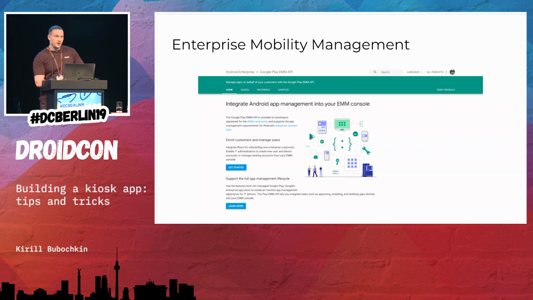Either we create an organization ourselves, but that basically would mean that we should manage and control all the devices that are installed as end devices in hotels. I guess neither we nor they would actually be happy about that if we can control their apps, their devices. Another way would be for the hotel itself to integrate Google or a third-party EMM provider into their workflow.